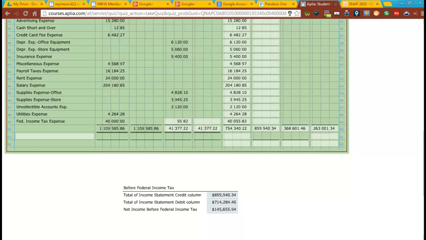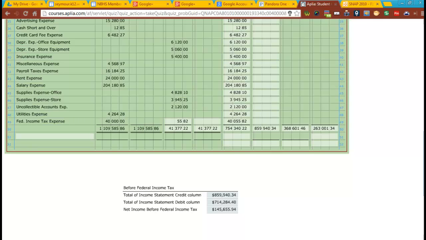We already calculated the net income once, but that net income that we calculated before was to calculate our net income before taxes. But that's not truly what our net income is that we're going to report to our business people.